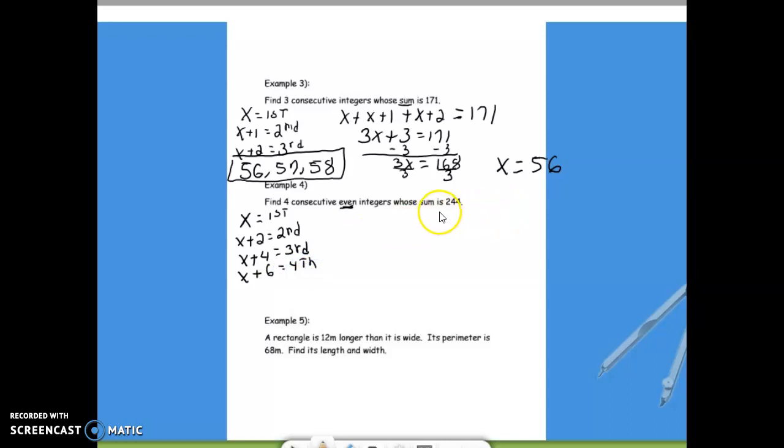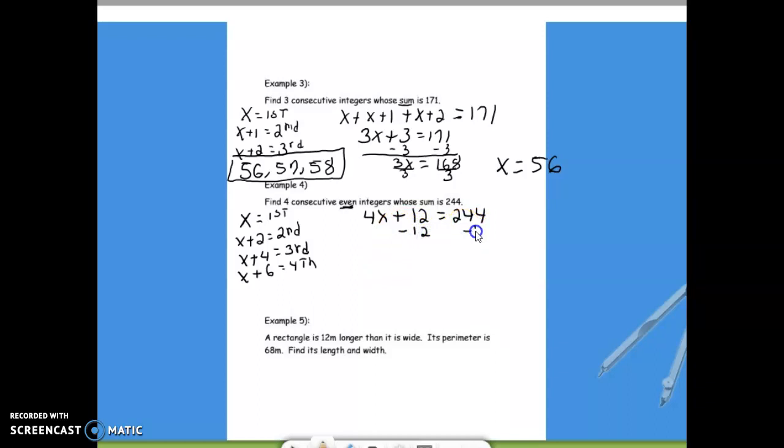Now we know their sum is going to be 244. Now really a quick way, guys, to do this is you could just add up all your x's. So let's go 1, 2, 3, we got 4x, plus 6, 7, 8, 9, 10, 11, 12 is 244. Now you got your problem you're going to set up.